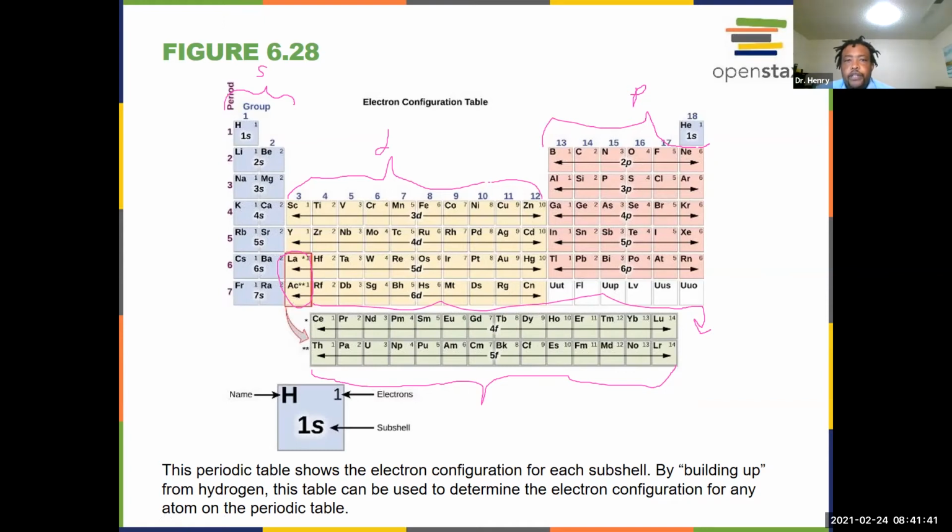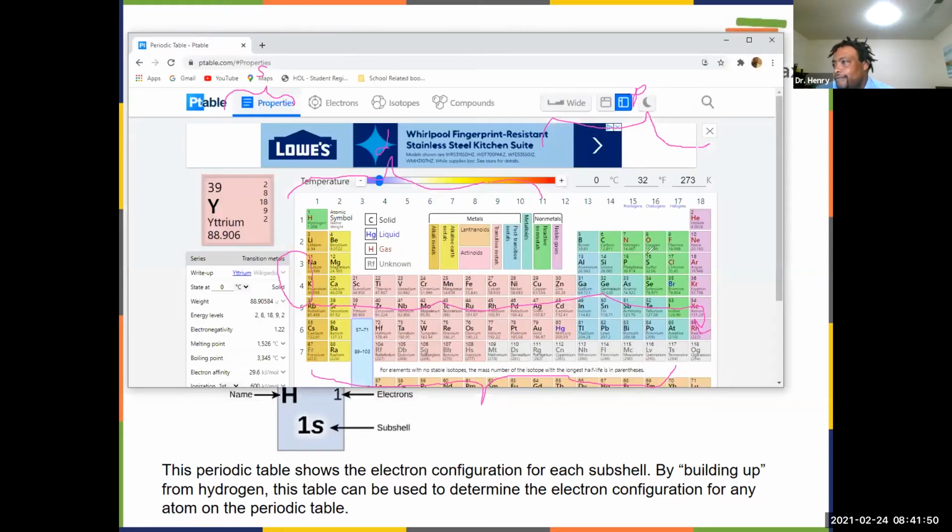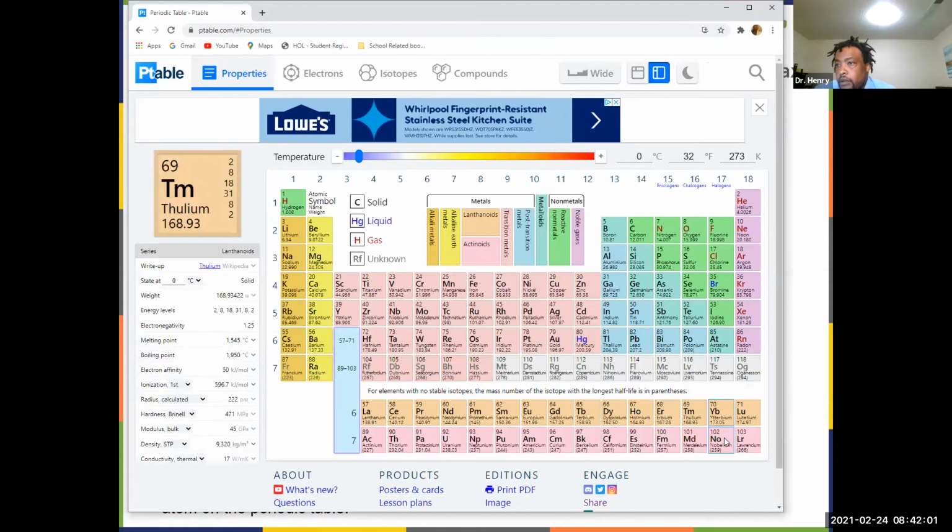So if you look at the periodic table, which I'll put up right now, if it lets me. Can you see my periodic table? So these really belong here.